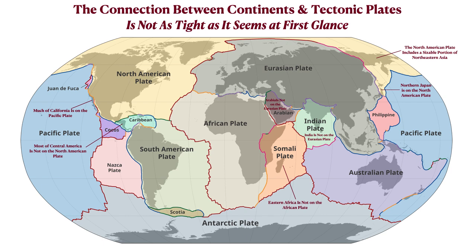If we look at this a little more detailed map, and I've made some amendments to it. For example, first you can see, starting on the left, that much of California is on the Pacific plate, not the North American plate. They're divided along the San Andreas Fault.